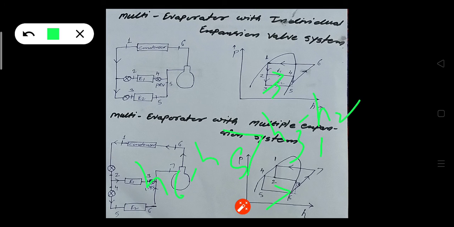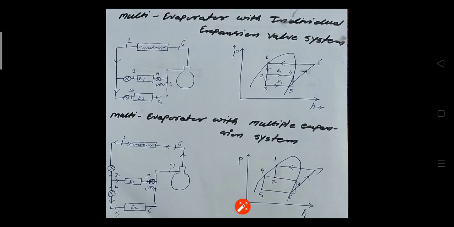But in the individual expansion valve system, H4 minus H2 is greater than H5 minus H3. So in the individual expansion valve system, the higher temperature evaporator works more effectively compared to the lower temperature one, while in the multiple expansion valve system, the lower temperature evaporator works more effectively than the higher temperature evaporator.